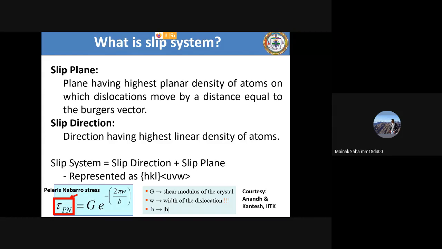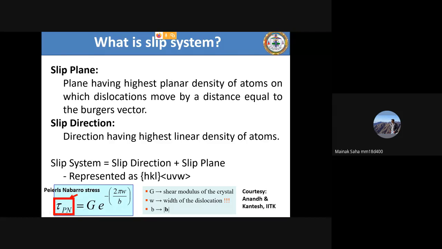Okay, I'll tell you. The slip plane is the plane with the highest planar density. I'm not going to discuss planar density in much detail, because the class will go on forever; you can search the literature. The slip plane, the plane with the highest planar density of atoms, is also the most widely spaced.